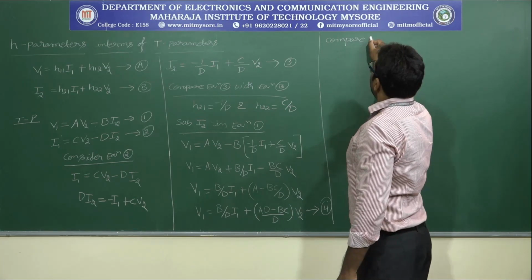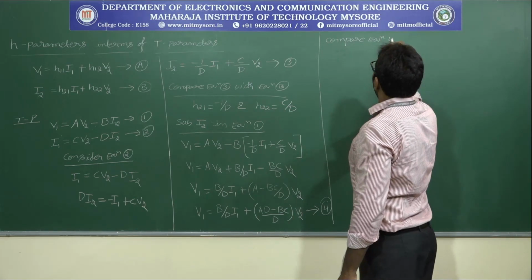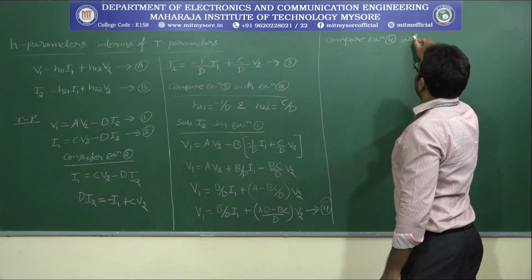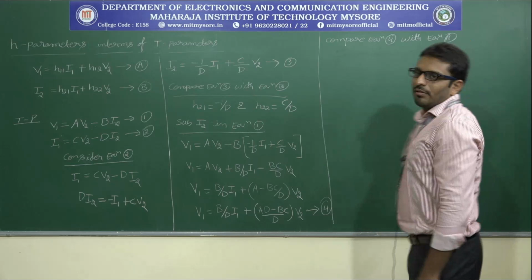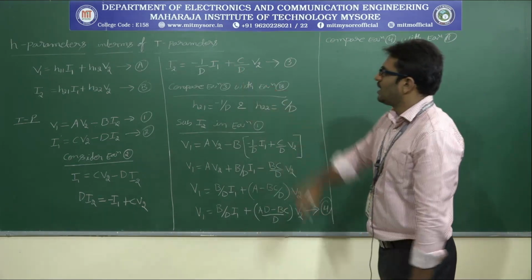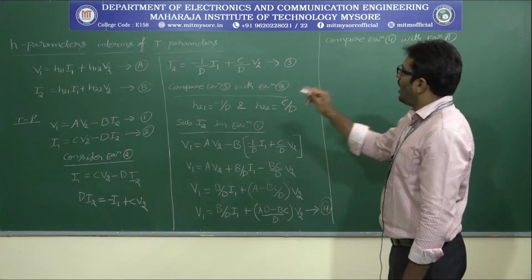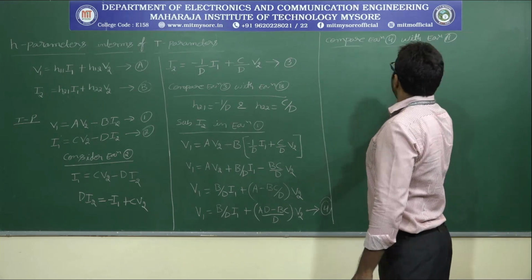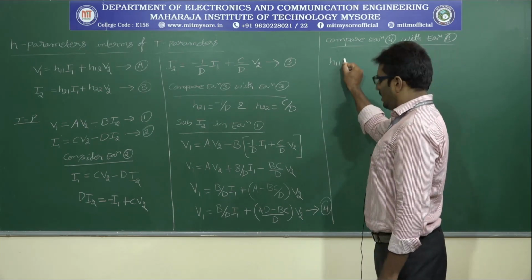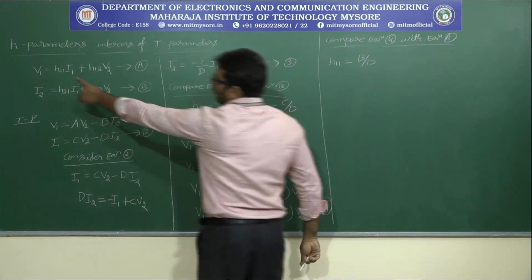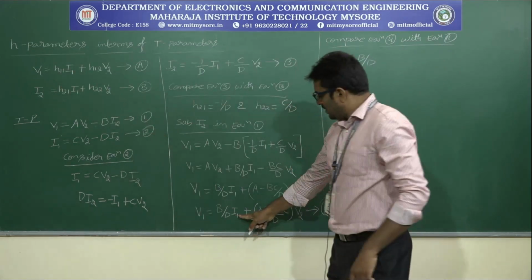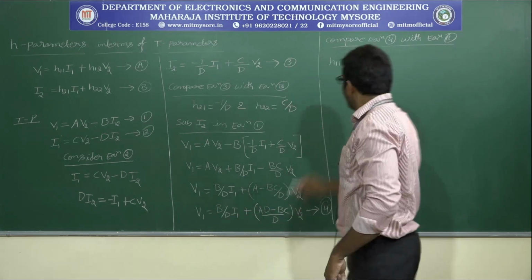Therefore, what is the next step? Compare equation 4 with equation A. Just consider equation A. H11 is equal to B by D, the coefficient of I1.